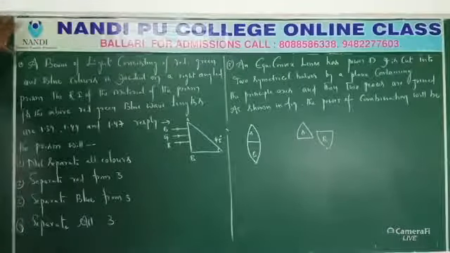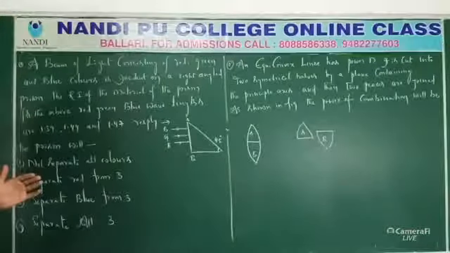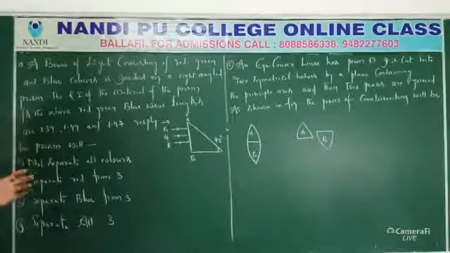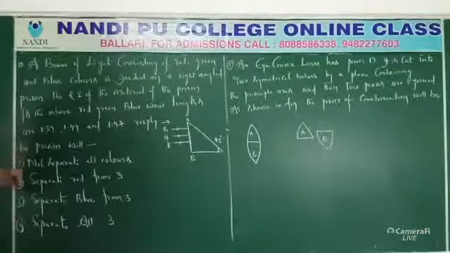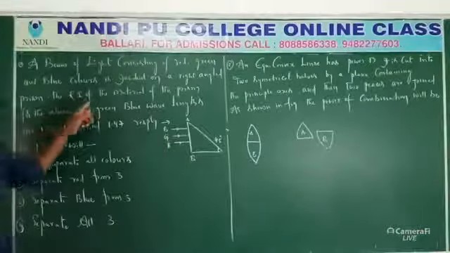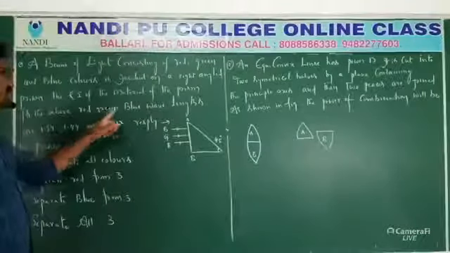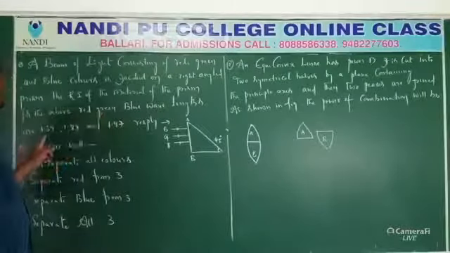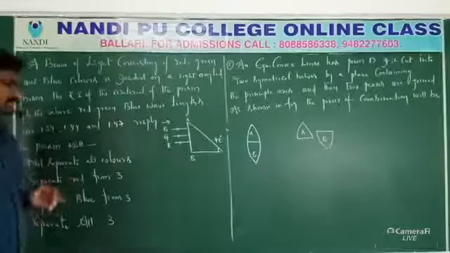The first question: a beam of light consisting of red, green and blue colors is incident on a right angled prism. The refractive index of the material of the prism for the red, green, blue wavelengths are 1.39, 1.44, 1.47 respectively.